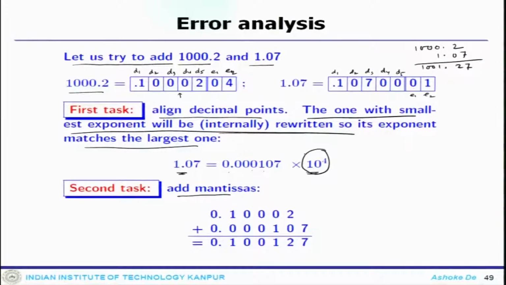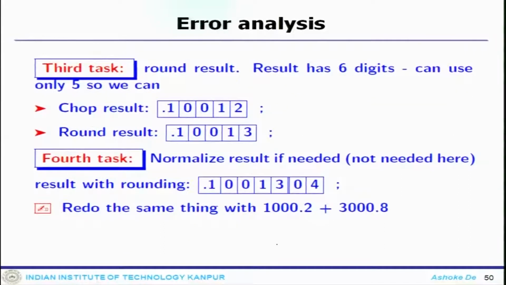So, the exponent would be 10 to the power 4 for this number too, as a multiplication. Once you add these mantissas, you get 0.1000127. So, you find the result, and the result has 6 digits and we can use only 5.